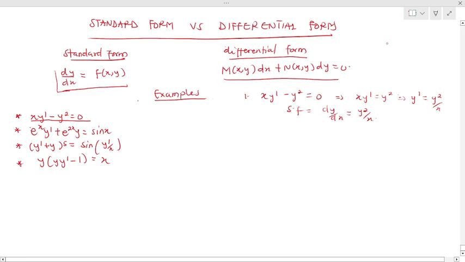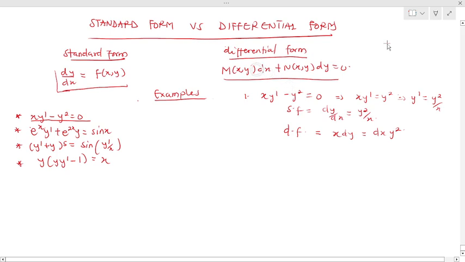Now the same problem, let's try and represent it in the differential form. From the standard form, you only cross multiply. When I cross multiply, I'm going to get x dy should be equal to dx multiplying y squared. So when I cross multiply this section, you realize that I'm going to have x multiplying dy, then dx multiplying y squared.